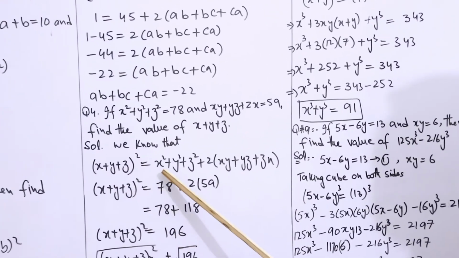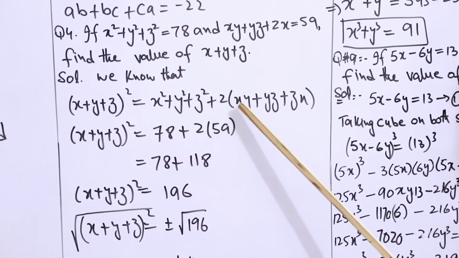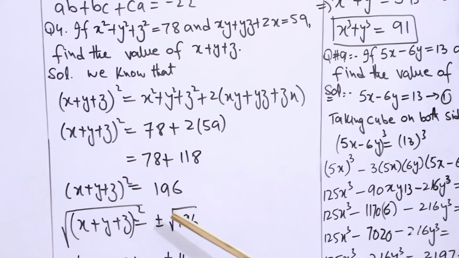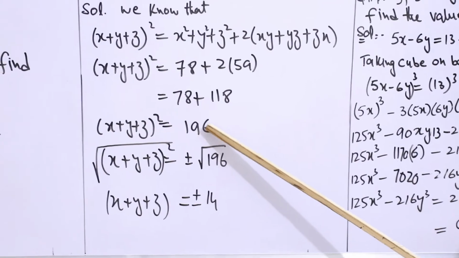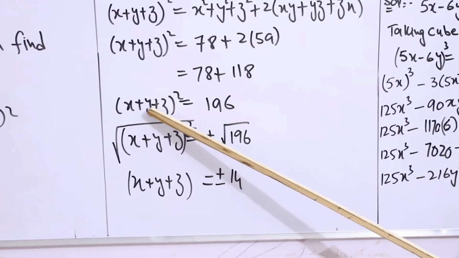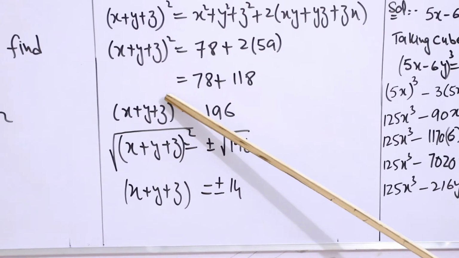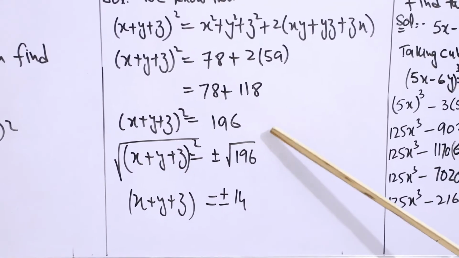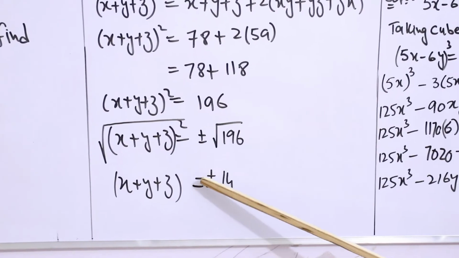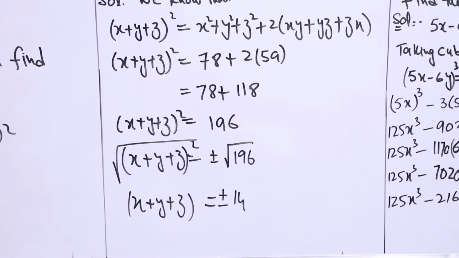Replacing the values of x² + y² + z² = 78 and xy + yz + zx = 59, and after simplification we have 196. Now we have to calculate the value of x + y + z. We just take the square root on both sides. When we take the square root, we have to take the plus minus sign on one of the sides. So the square root of 196 is equal to 14.